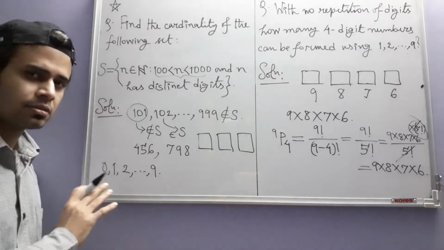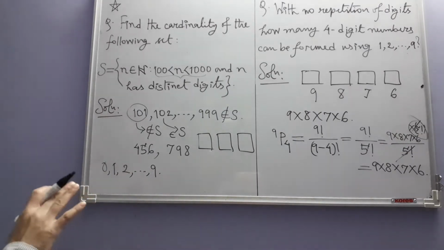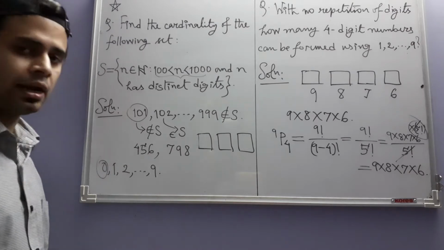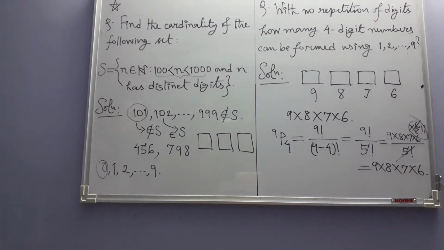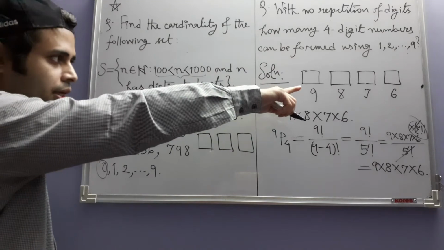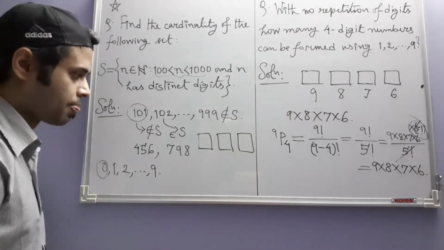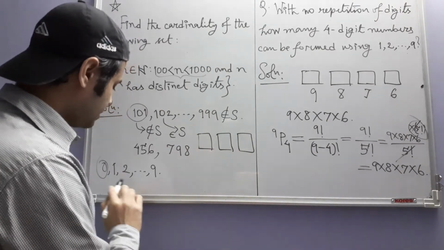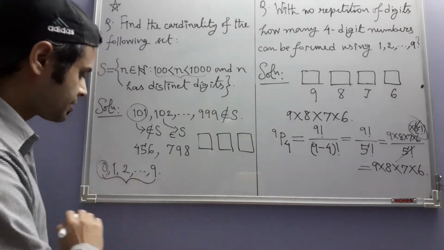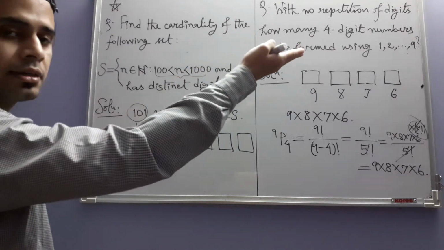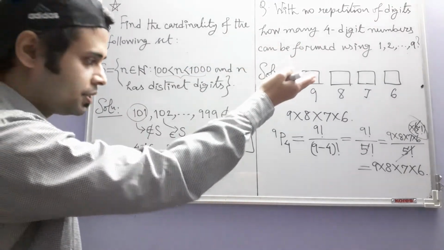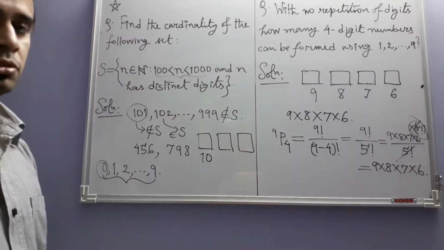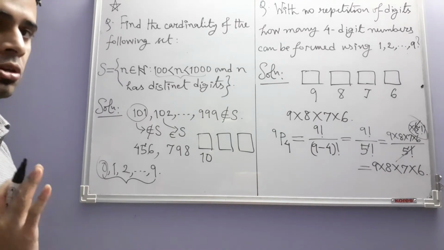But that is an entirely different thing. The point here is that now 0 is also allowed. And this creates some complexity that was not there in the previous problem. What complexity? You may think that since 10 characters are available, just like we had 9 characters available in the previous problem, now this place will have 10 choices. But that is not true.